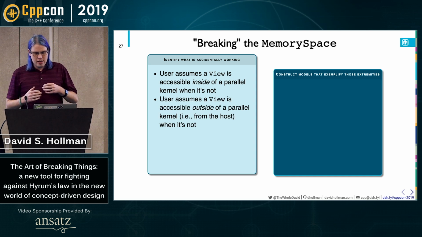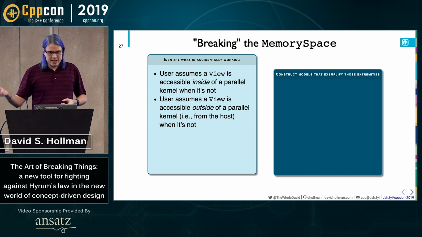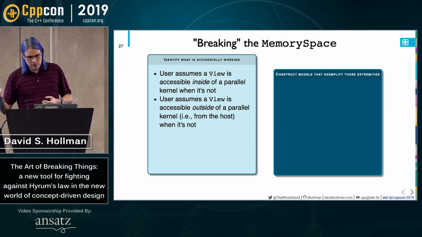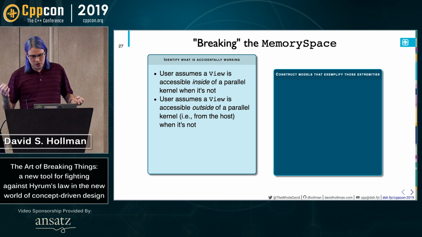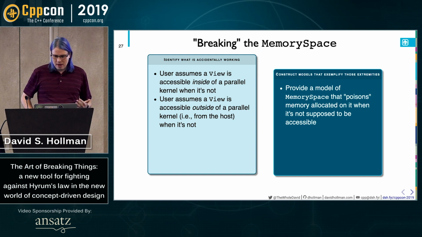So either they're using the wrong execution space with the wrong memory space inside of a parallel kernel, or they're using a memory space that's not accessible outside of the kernel from the host. And so we want to provide a model for memory space that poisons memory when it's not supposed to be accessible. And that's what our live demo is going to show.